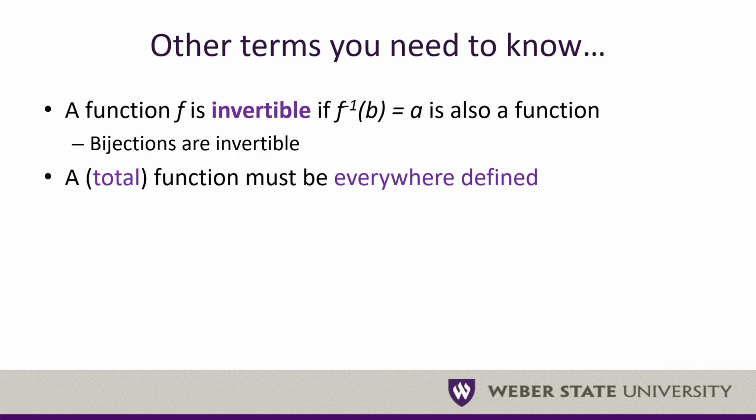So would you just assume that if it just states it's a function, it's everywhere defined? Everywhere defined is the assumption that you have. Okay. For our programming assignment, we are not checking whether it's total or partial. Whether it's total or partial, we will be looking for the properties of the function.